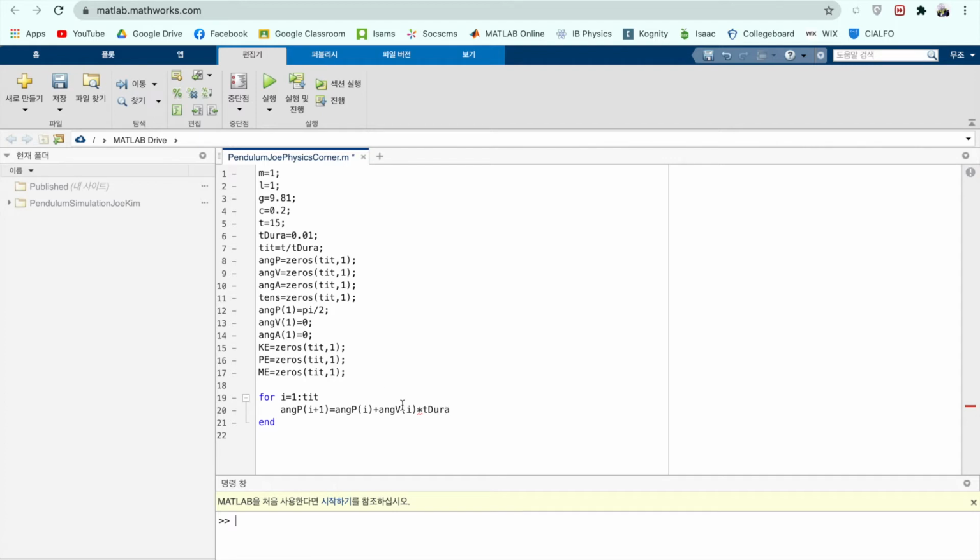Because we know that S is equal to ut. So the position is equal to the initial position plus the velocity times time, and it works the same for angular quantities or linear quantities. It doesn't really matter. The point is that it's going to be equal to the initial quantity plus the velocity times the duration. So S is equal to S0 plus ut.